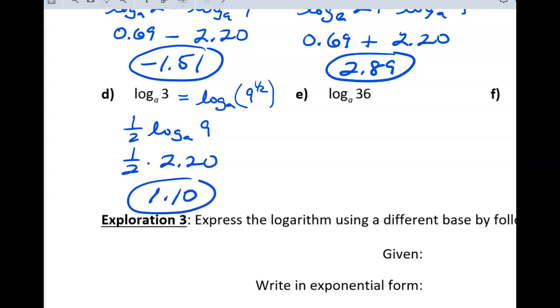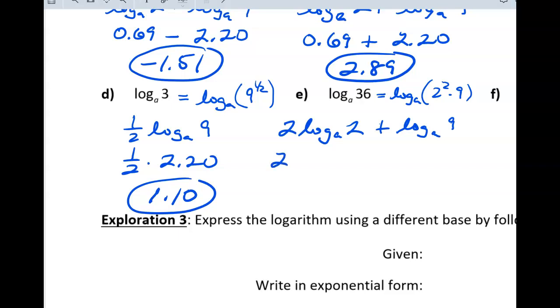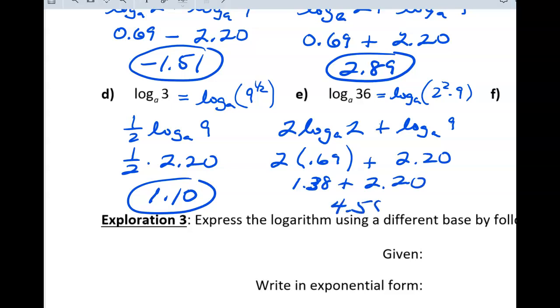Log base a of 36 is log base a of 2 squared times 9. If you expand that, you're going to get log base a of 2 squared, and you can bring that exponent down in front. So that'll be 2 times log base a of 2 plus the log base a of 9. So it's 2 times 0.69 plus 2.20. 1.38 plus 2.20 is 4.58.